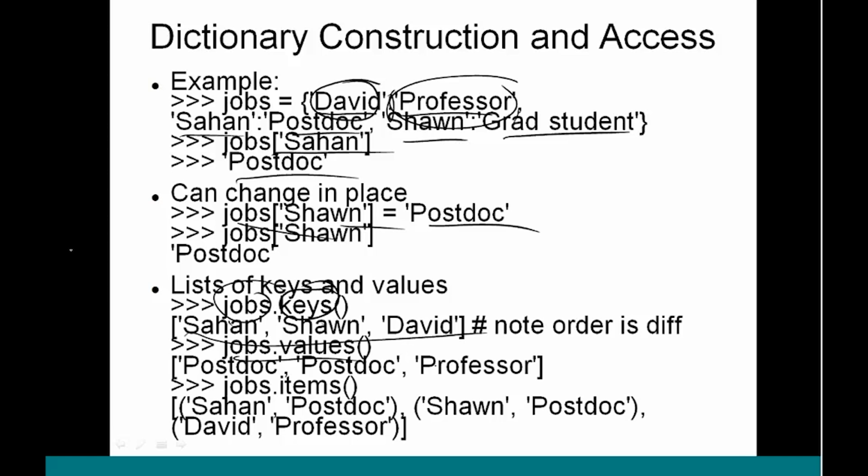And then values generates the corresponding values. So this is another method that you want to remember. Once you specify the values, you get postdoc, postdoc, and professor, which are the jobs of these people.